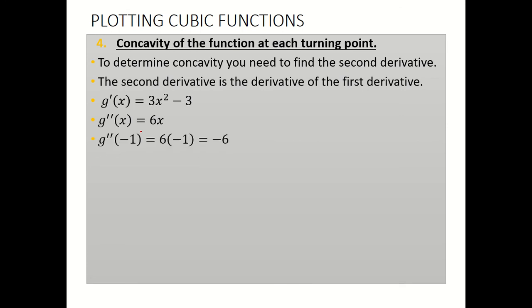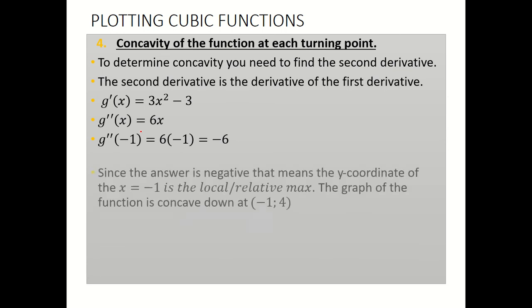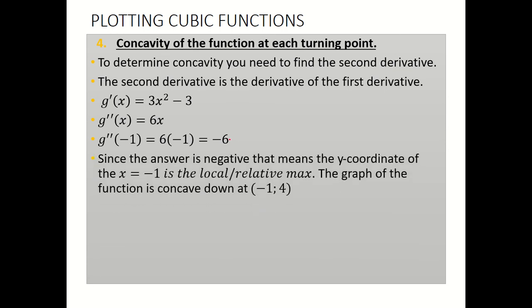I'm going to start with -1. I get -6. Immediately realize that you get a negative value when you substitute into the second derivative. You just need to remember that the y coordinate of this -1 is a relative maximum. If the y coordinate is a relative maximum, it means that at that turning point, your graph is simply concave down.